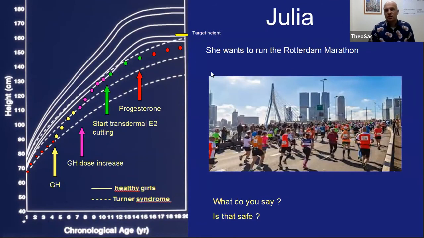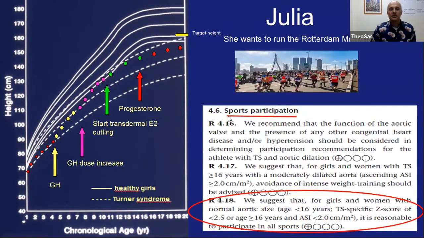But there are other things. She wants to run the Rotterdam Marathon. And I think it's very beautiful that she would like to do it. But is it safe? Do we know that? And that's very nice about the guideline. They have a sport participation chapter as well, because we find it very important that they participate in sport. But of course, you have to look very carefully at the aortic size. That's something we know we have to do.